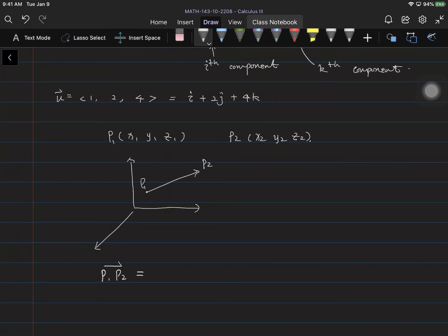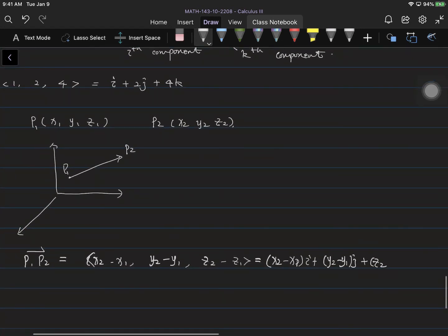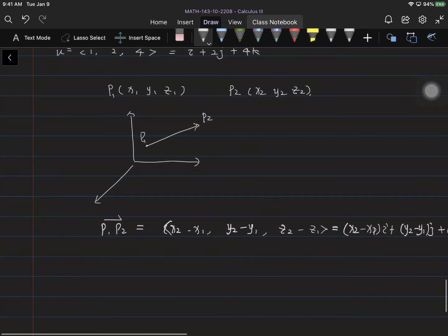We use terminal point minus initial point, which is x2 minus x1, y2 minus y1, z2 minus z1, and we can also write this as x2 minus x1 i, y2 minus y1 j, z2 minus z1 k.